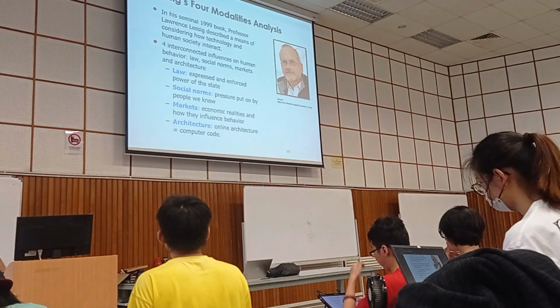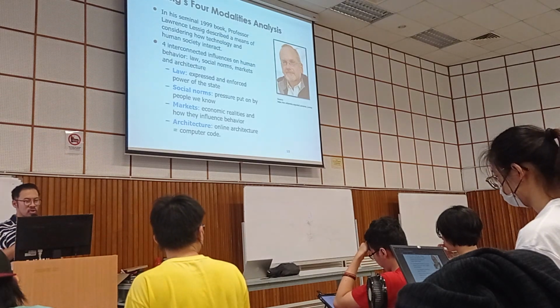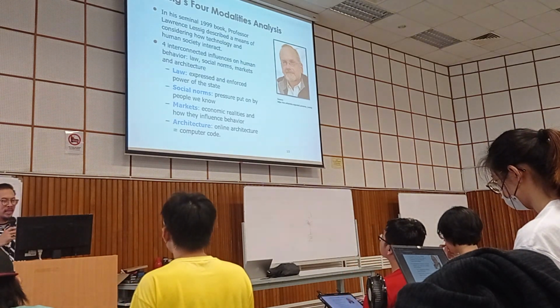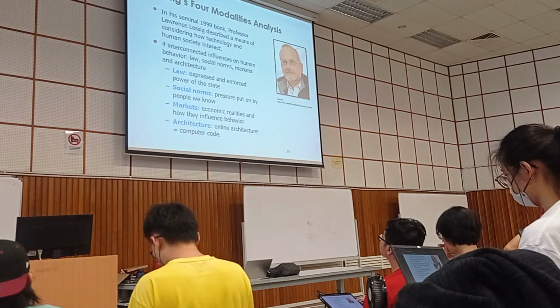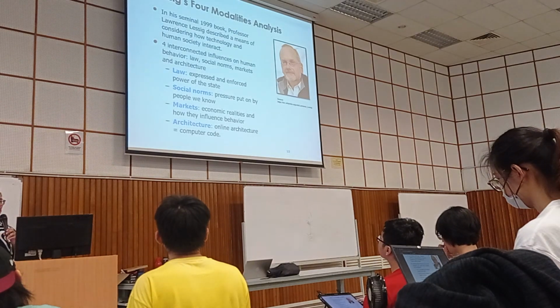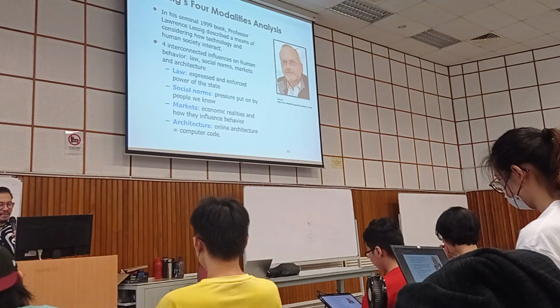So this is theory. Professor Lessig described a means of considering how technologies and human society interact. So just now I highlighted there are these four components or variables, and they are all interconnected.